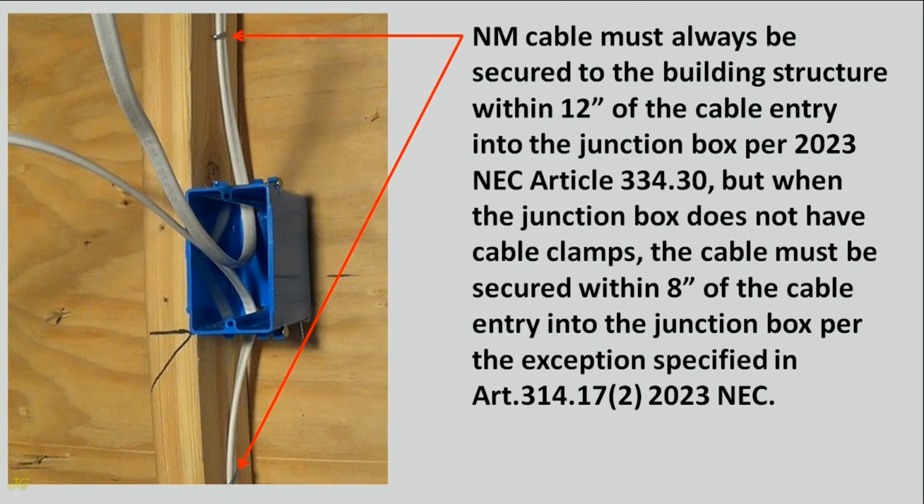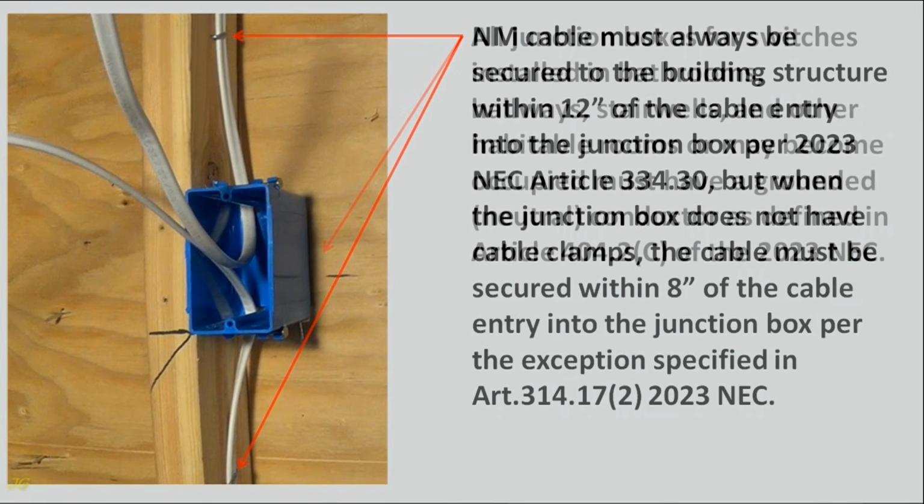NM cable must always be secured to the building structure within 12 inches of the cable entry into the junction box per 2023 NEC Article 334.30, but when the junction box does not have cable clamps, the cable must be secured within 8 inches of the cable entry into the junction box per the exception specified in Article 314.17, 2023 NEC.